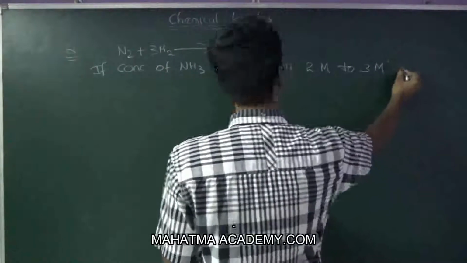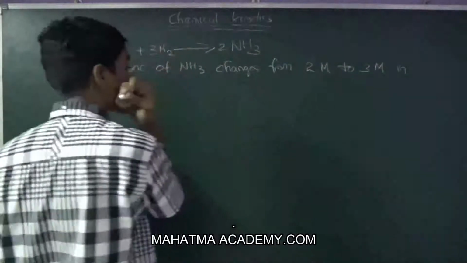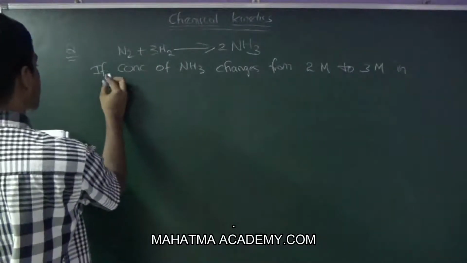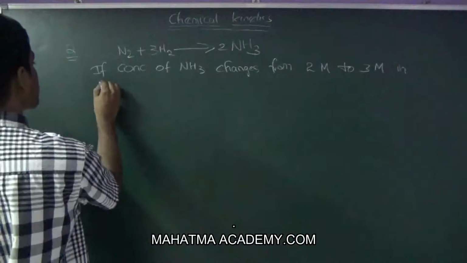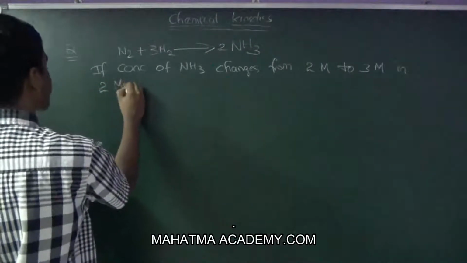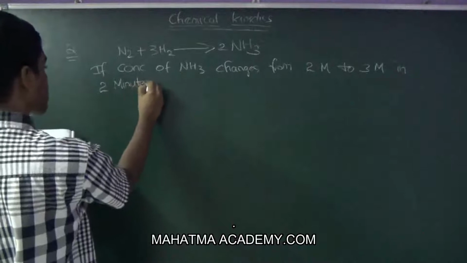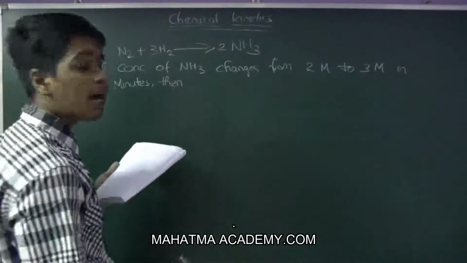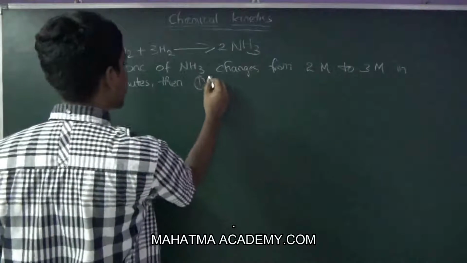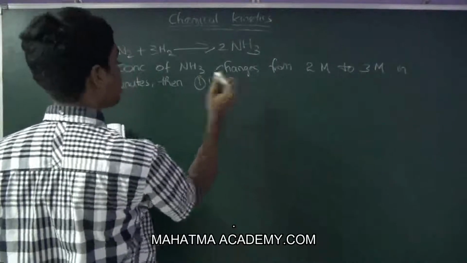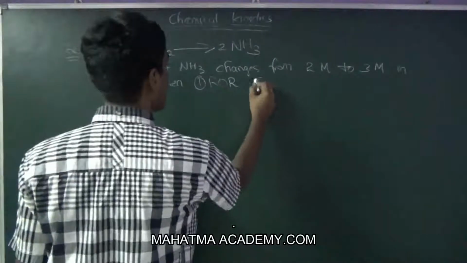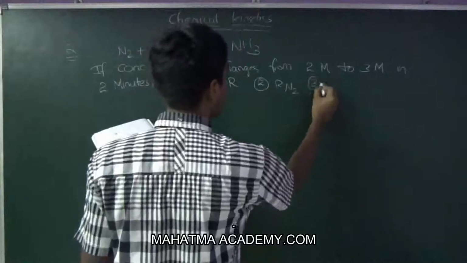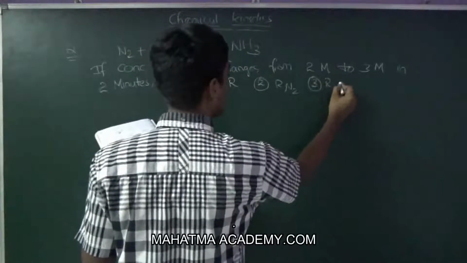in, suppose, 1 minute, I think it is 2 minutes, then we have to find first the rate of reaction, second the rate of N2, and third the rate of H2.